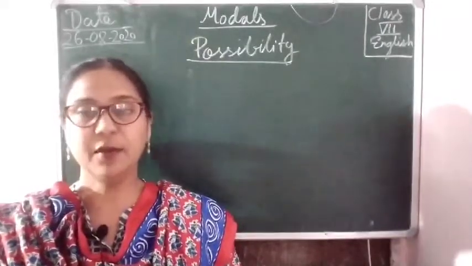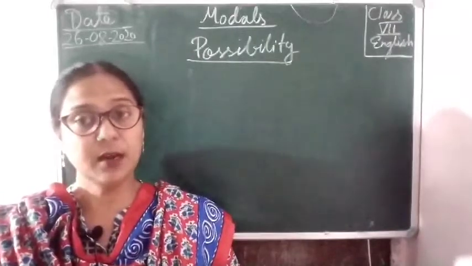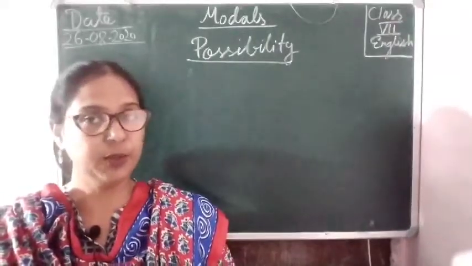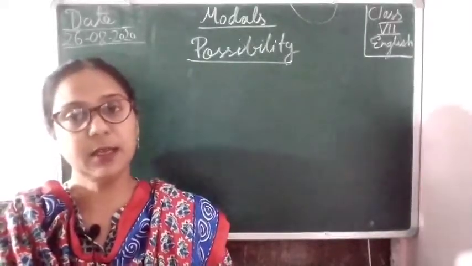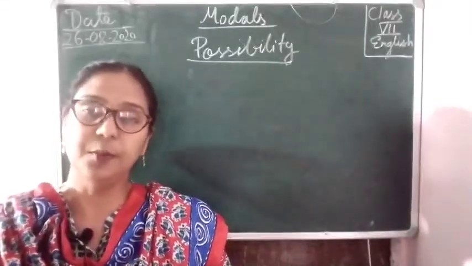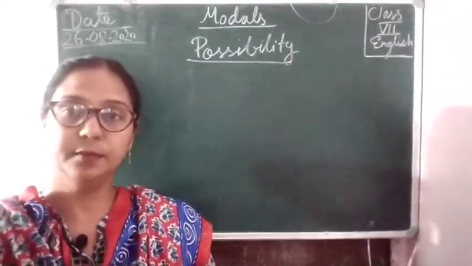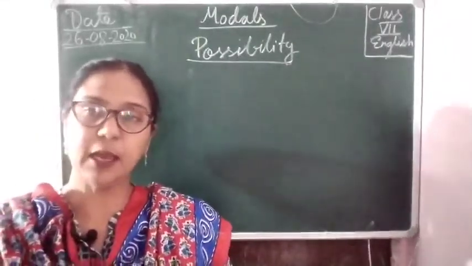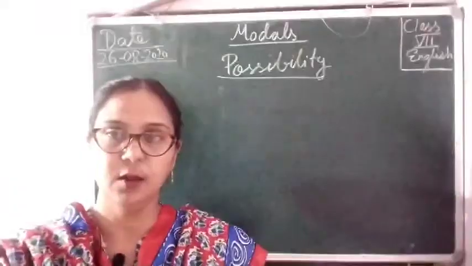First of all, we will revise the modals which we have studied earlier. Before starting today's topic, possibility, we have to revise the earlier topics in this chapter, modals. Ability can be shown by can, could and able to.